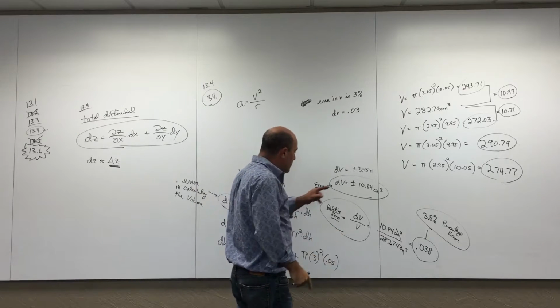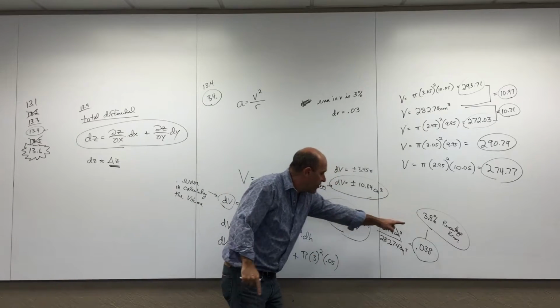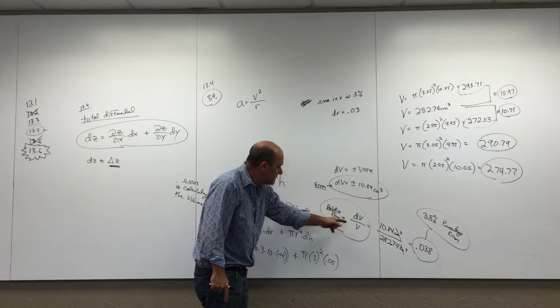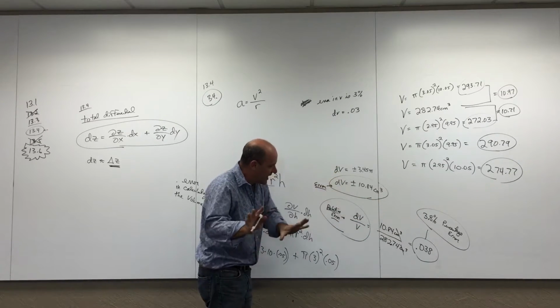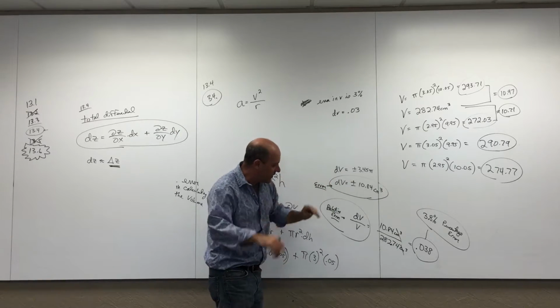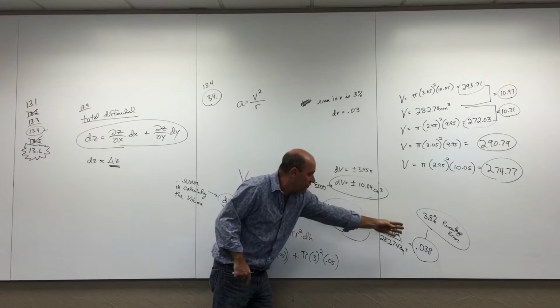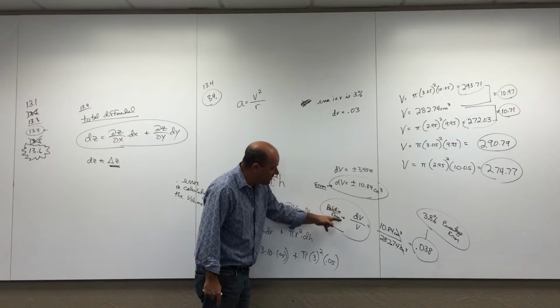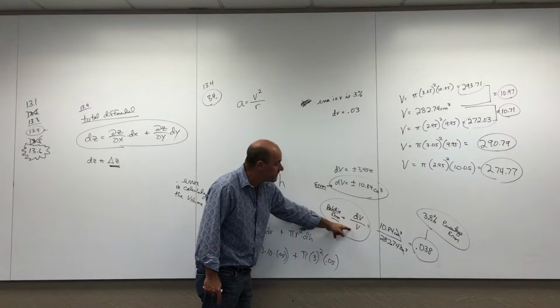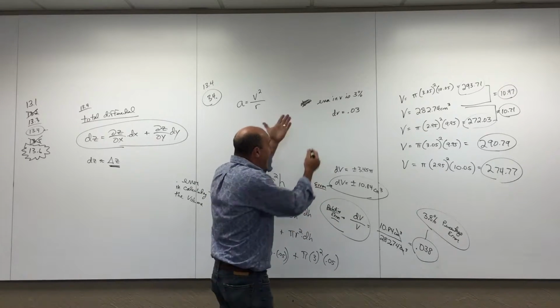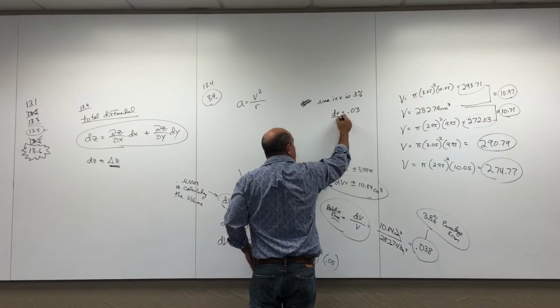When they give you a percentage error, it is not dv. An error is dv. A percentage error is a relative error. It's dv over v. So when you see a percent, this is not dv. It's dv over v.